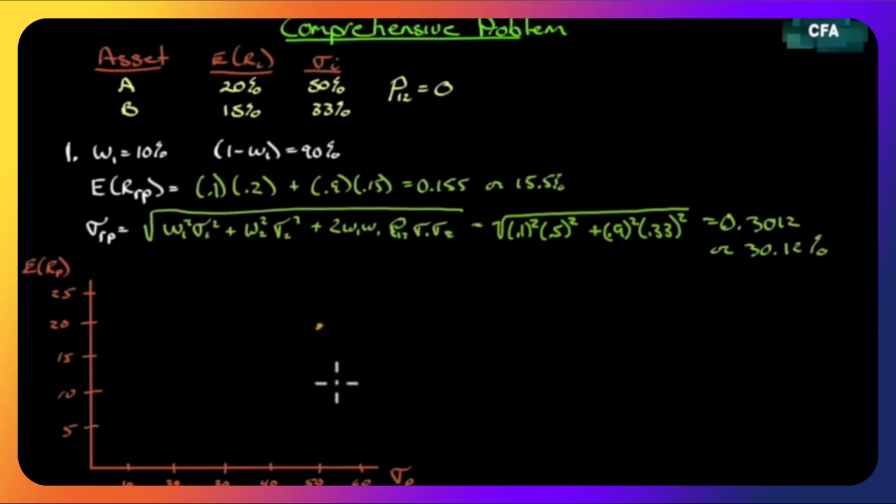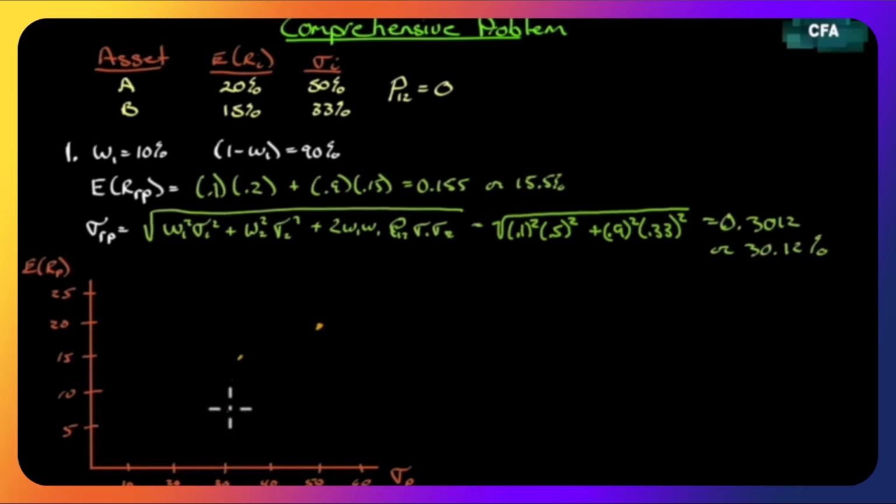There we go. Let's look at B. B has a return of 15% and a standard deviation of 33. That's roughly about 33. Here's our 15, so we're right there. There we go. So we know that we can achieve a return of 15.5 for 30.12.